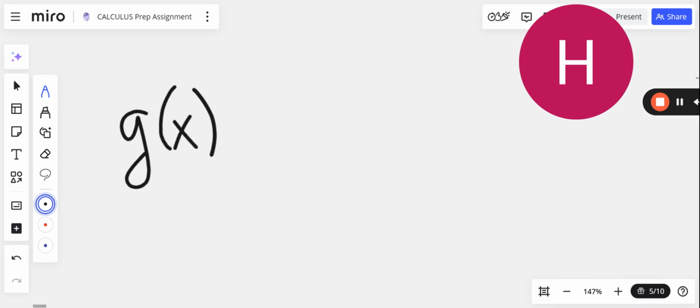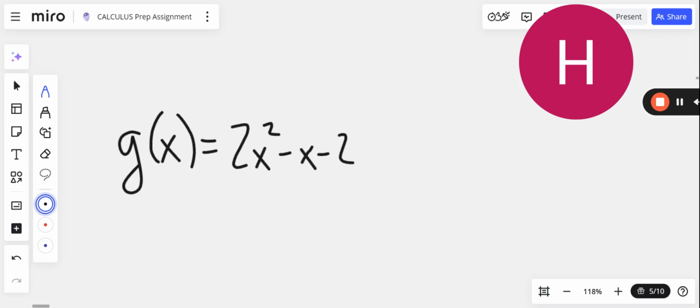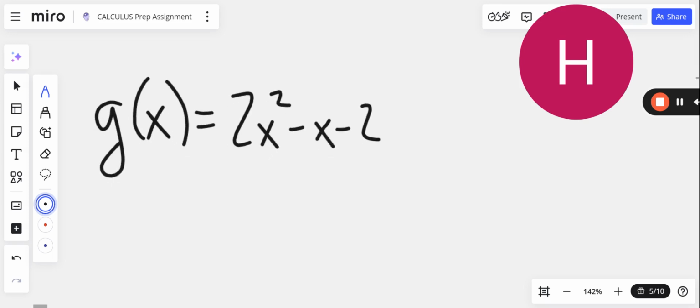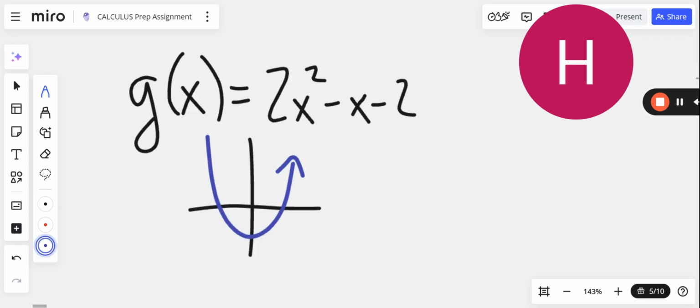So let's say g of x equals 2x squared minus x minus 2. We know a couple things about this now that we've analyzed it. We know that it's a quadratic, right, because it's squared. Therefore, its graph is going to look something like happy face or sad face. And in this case, it's going to be a happy face because we have a positive coefficient here.